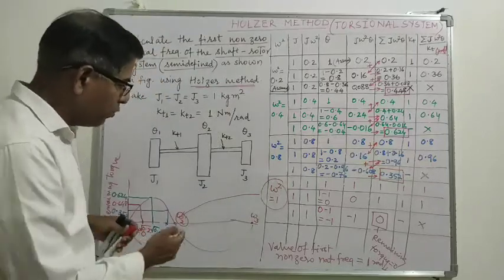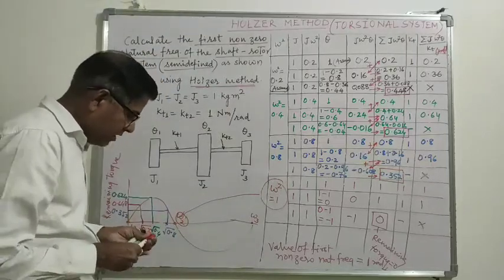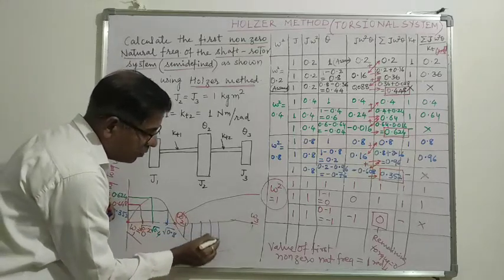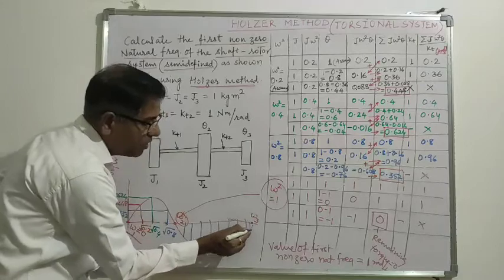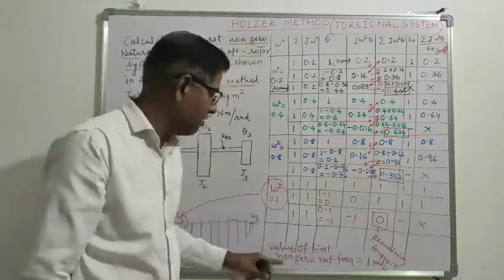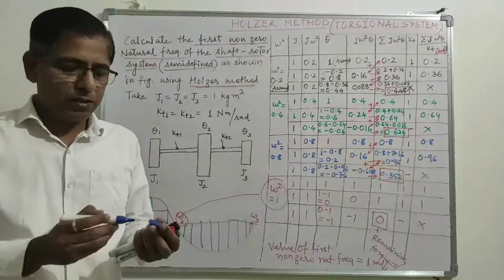Okay, and if you keep on increasing the values of omega, then the answer would be negative, and after a certain iteration you will again get the remaining torque as 0, and that will be the third natural frequency.